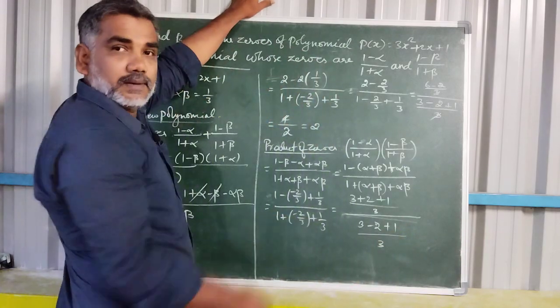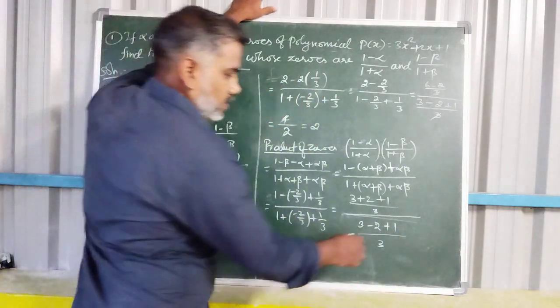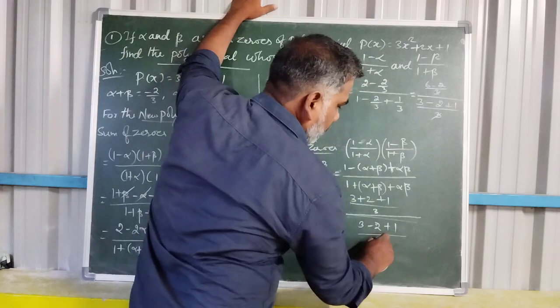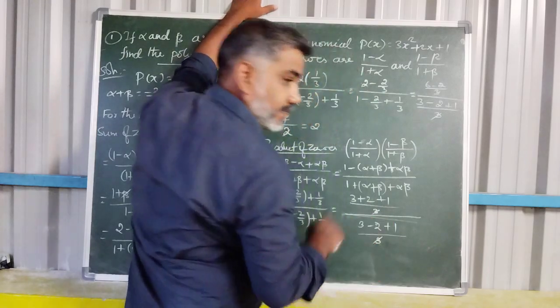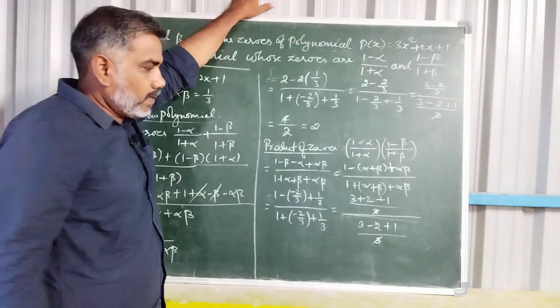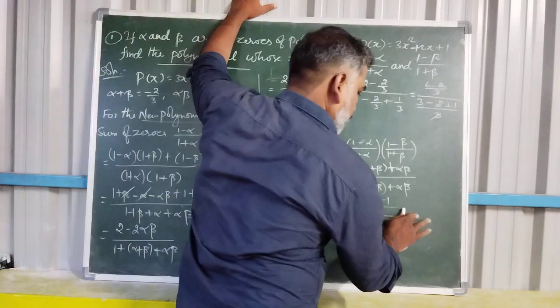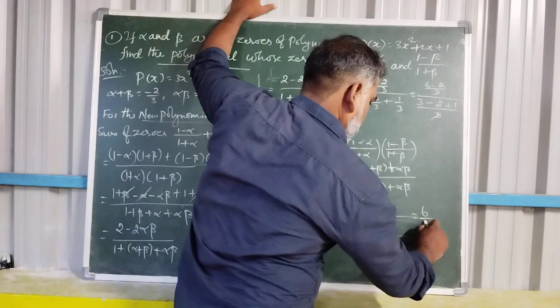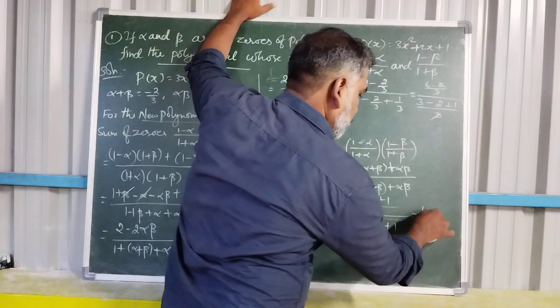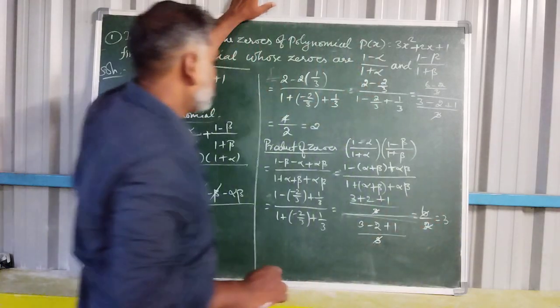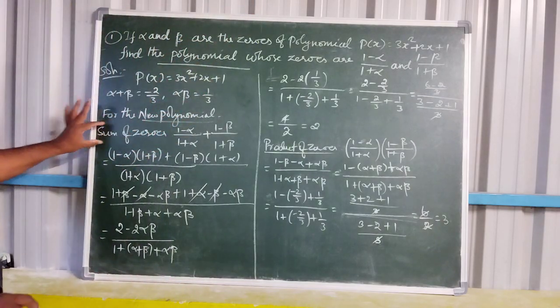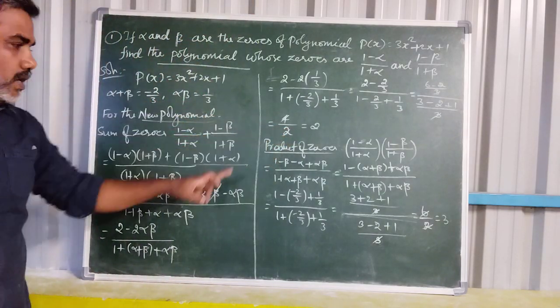So 3 plus 2 plus 1 is 6, here 2, so 6 divided by 2, cancelling, you get 3.